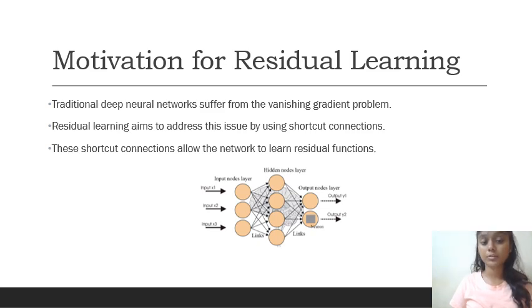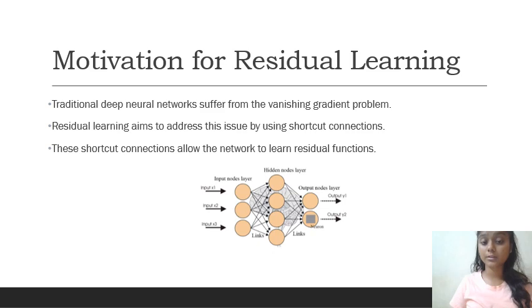In the diagram, the input nodes layer includes three inputs: input x1, input x2, input x3. Next is the hidden nodes layer, and those are the links which we have connected.